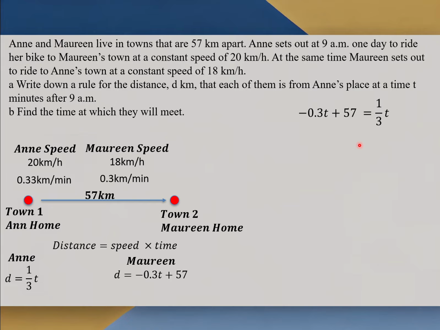I would encourage you to, because if I go 1/3 t plus 0.3 t, it will come up as 19/30 t is equal to 57. And then finally, I'm just going to divide everything by 19/30, and that will give me t is equal to 90. We started at 9 a.m., which means plus 90 minutes will give me 10:30. Oops, I put minutes here, just ignore that. 10:30.